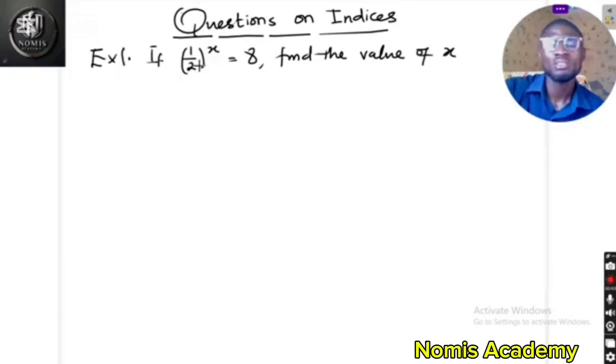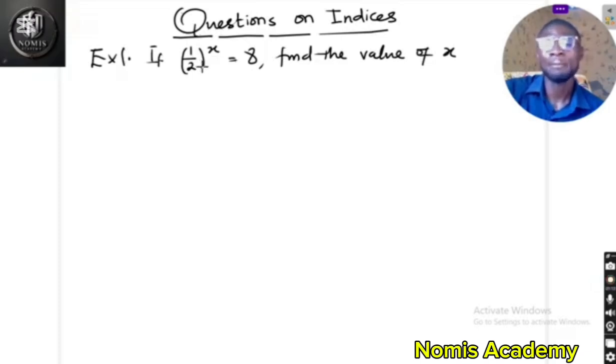So one thing about indices is that knowing the laws, put them at your heart, learn them in your head, make sure that they are applied appropriately in solving any indices questions. Otherwise, it will be wrong.